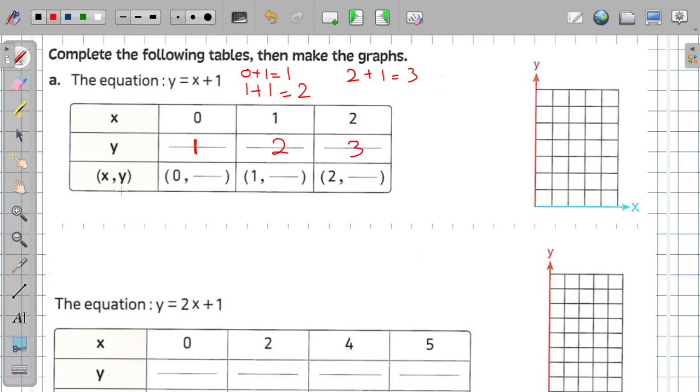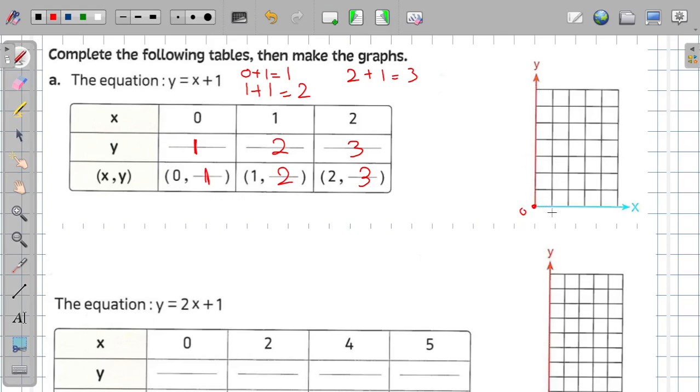So the ordered pairs here, I have 0 and 1 because y equals 1. Next, I have 1 and 2 because y equals 2. Next, I have 2 and 3 because y equals 3. So let's try to draw or make the graph. So here I have 0 on the x-axis and y-axis.